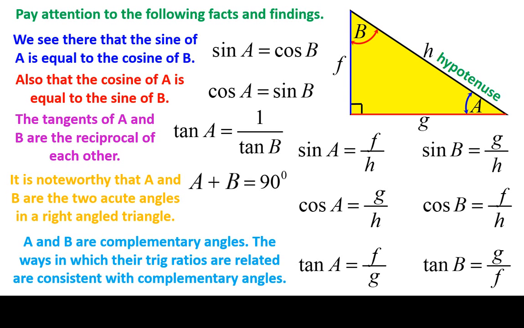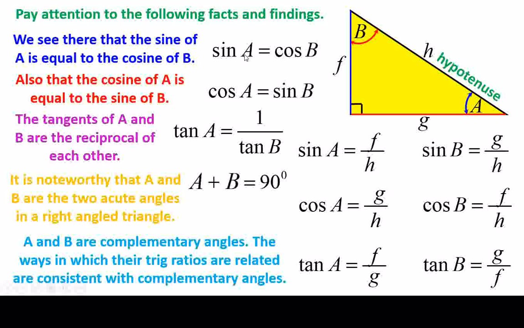If we have angles that are complementary, then they can be shown to be the two acute angles in a right-angled triangle. That is how the sine, cosine, and tangent of complementary angles are related. Let's say that again.